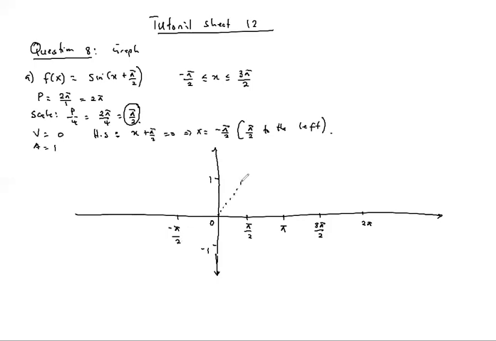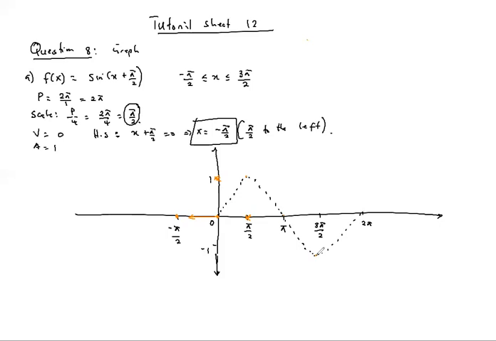So the original graph of sine was supposed to come out like this. This is the original graph of sine. But now this one has a shift of pi over 2 to the left. So each point will move pi over 2 steps to the left. This point that is at 0 here will move up to here. The point which was there will move up to here, and that point up to here.